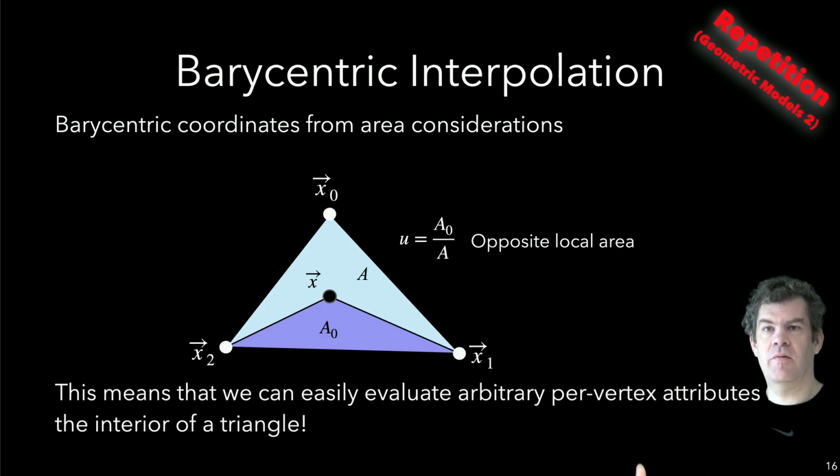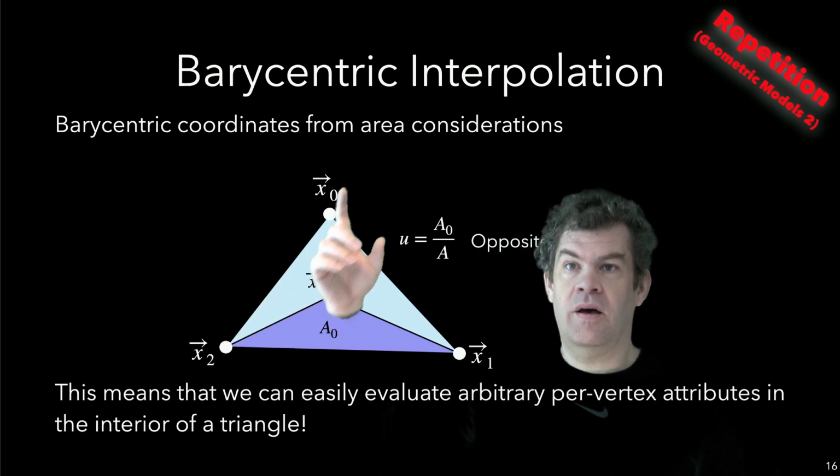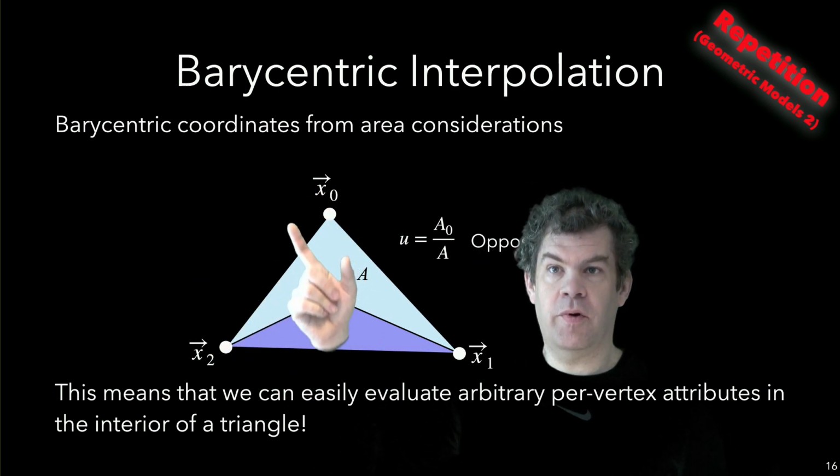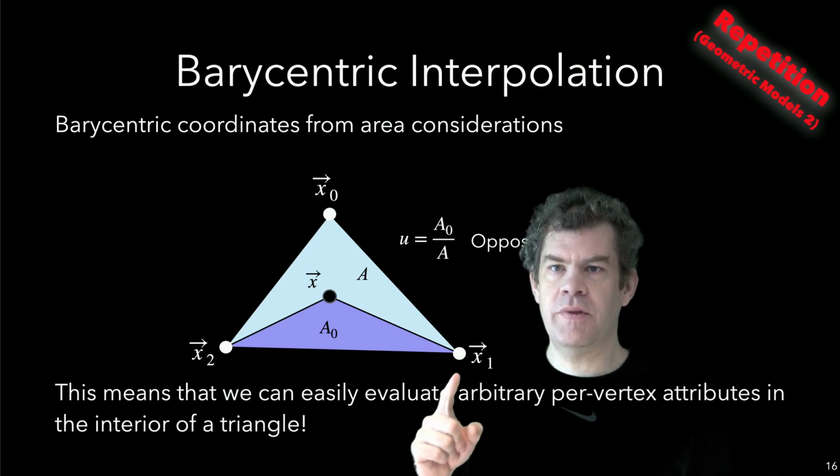There's one relatively simple way, which is based on the areas of triangles. If we're looking for u, which is the weight for the point 0, we simply compute 2 areas.